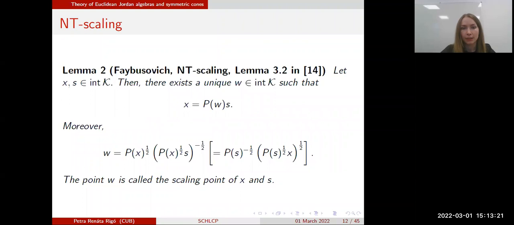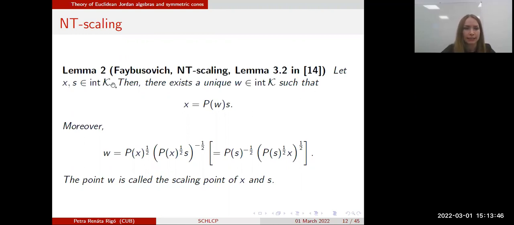The Nesterov scaling will also play an important role in the determination of the search directions in case of the algorithm. We know that, for instance, in case of semidefinite programming, we need symmetrization techniques, and in this case, we will deal with Nesterov scaling.